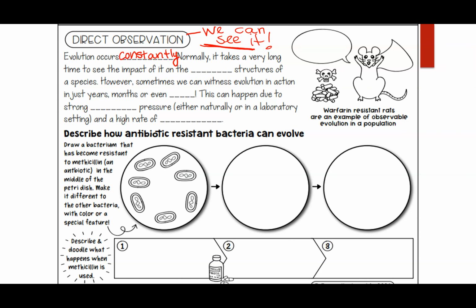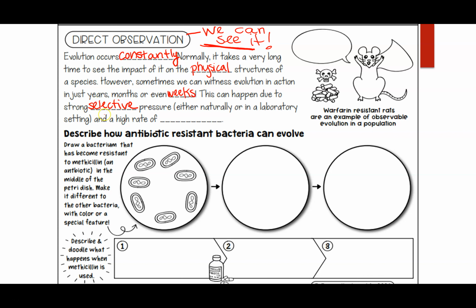Normally, it takes a very long time to see the impact of the physical structures of a species. However, sometimes we can witness evolution in action in just years, months, or even weeks. Okay? This can happen due to strong selective pressure.